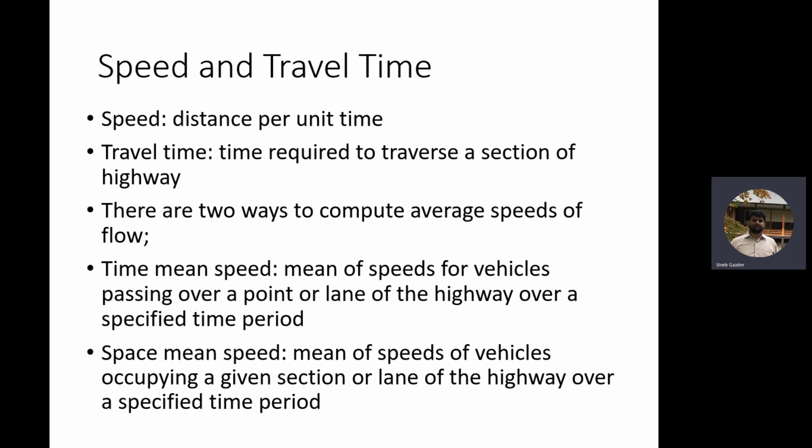Okay, so now you can read the definitions, they are almost the same. Time mean speed: the mean speed of vehicles passing over a point or lane of the highway over a specific time period. Space mean speed: the mean speed of the vehicles occupying a given section or lane of the highway over a given time period. What's the difference between them?